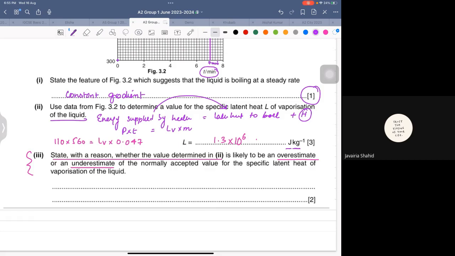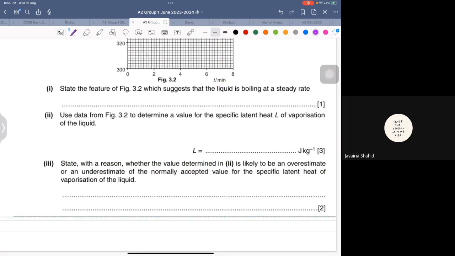We are thinking that a larger amount of energy is going into boiling, which is not true. Overestimate, as some energy from the heater is also lost to the surroundings. Any person in this class, please let me know if you do not understand that.